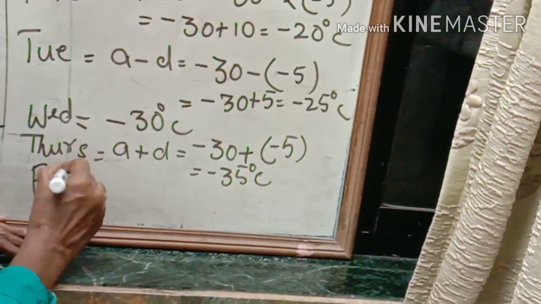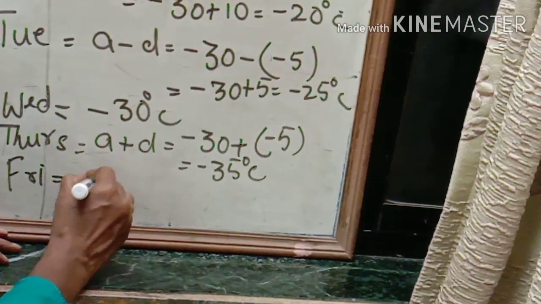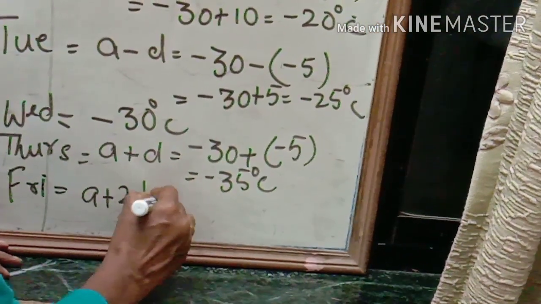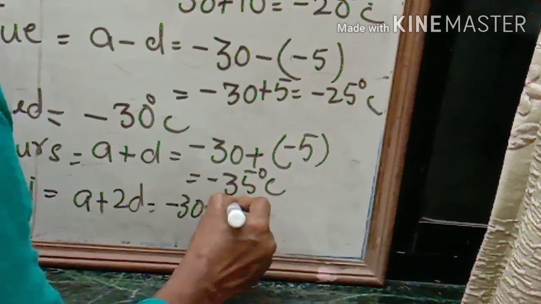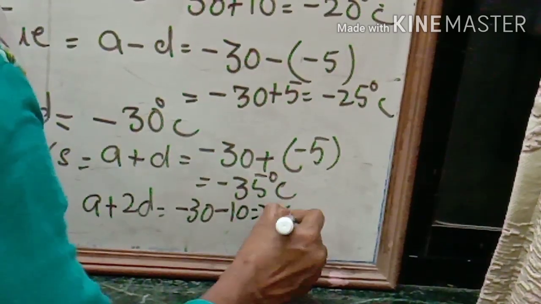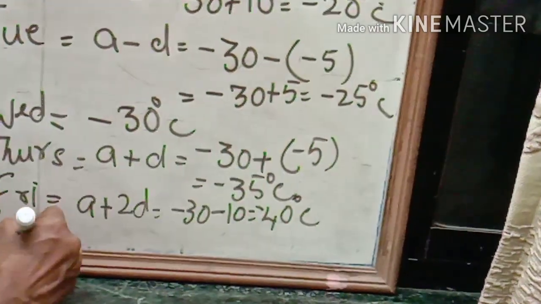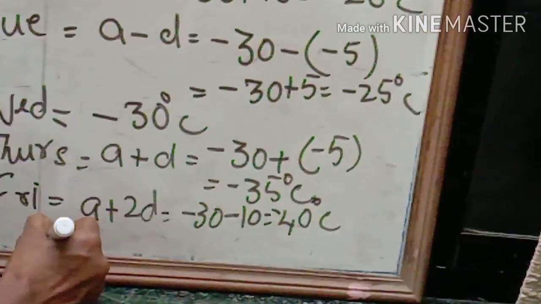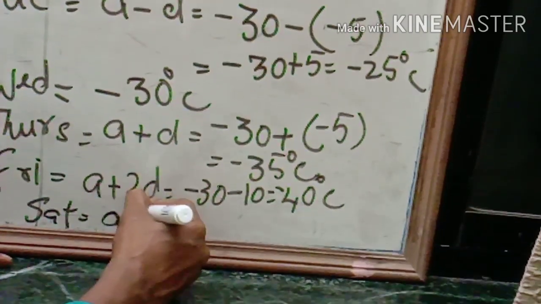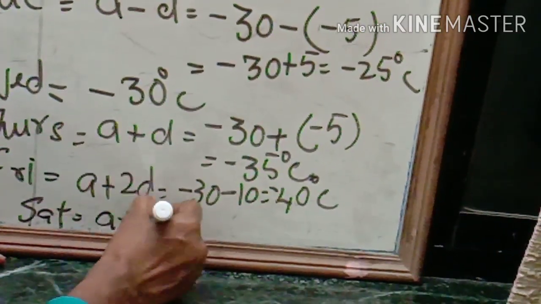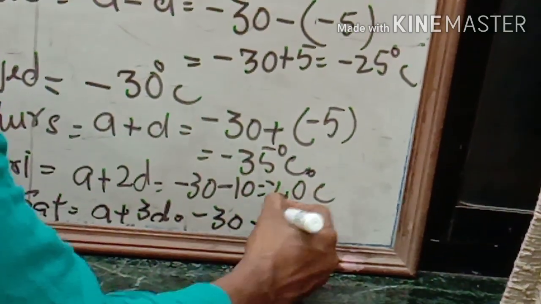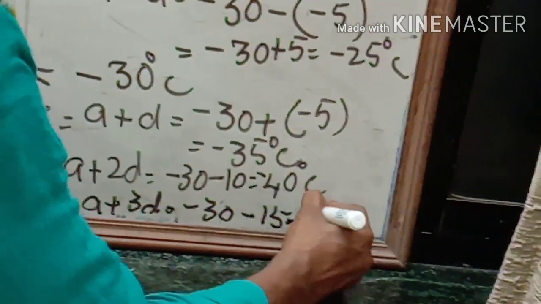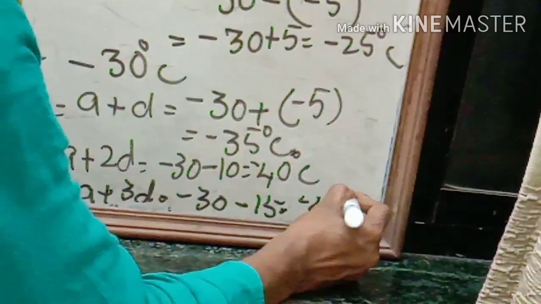Friday is equal to a plus 2d. That is minus 30 minus 10 is equal to minus 40 degrees centigrade. And Saturday, a plus 3d, that is minus 30 minus 15 is equal to minus 45 degrees centigrade.